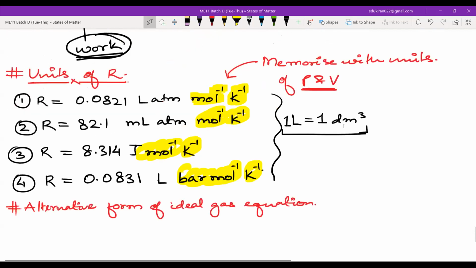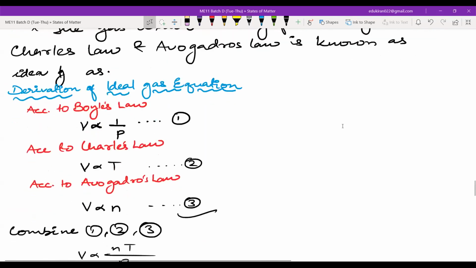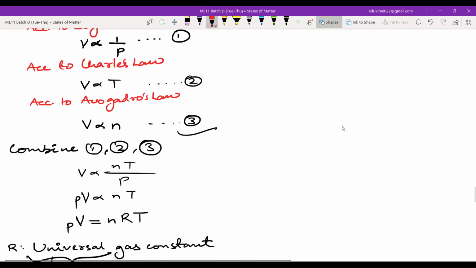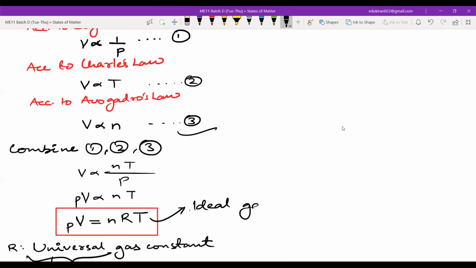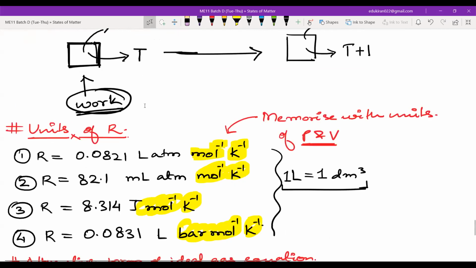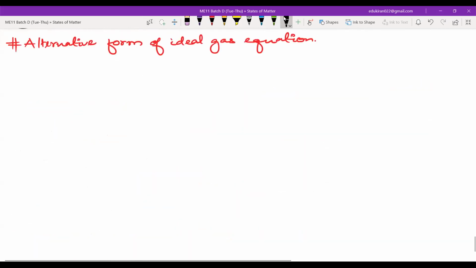Did we write the derivation of the ideal gas equation? So this is your ideal gas equation. Now you're writing the alternative form of the ideal gas equation.